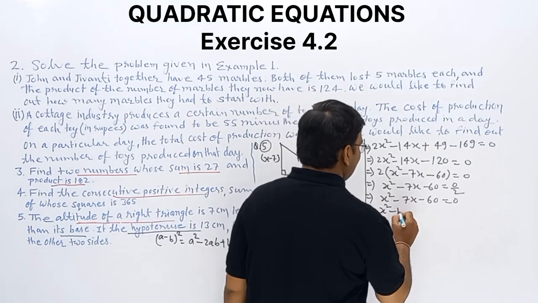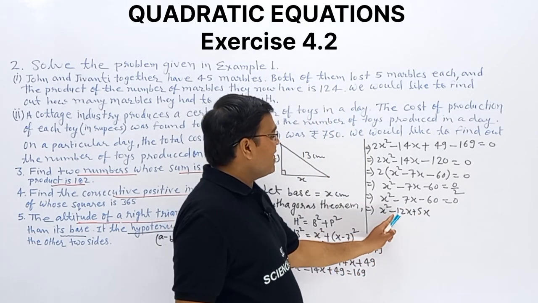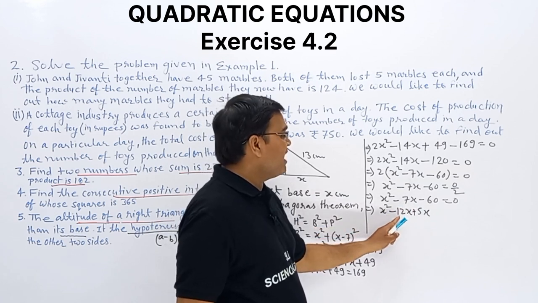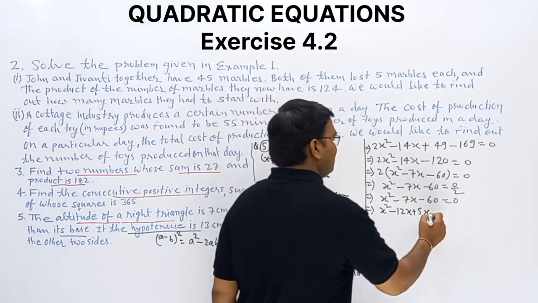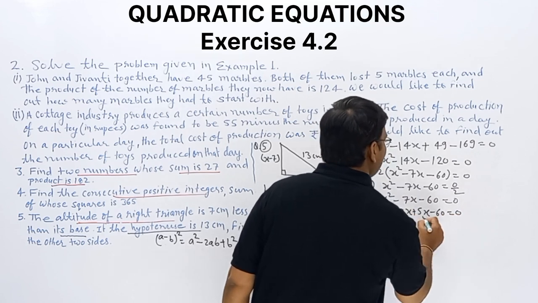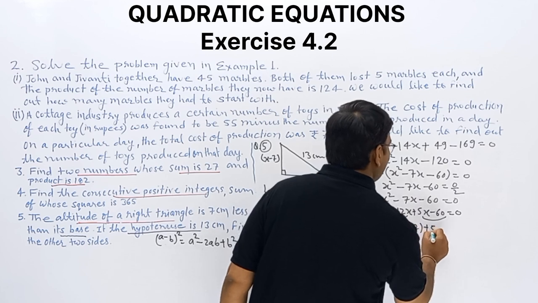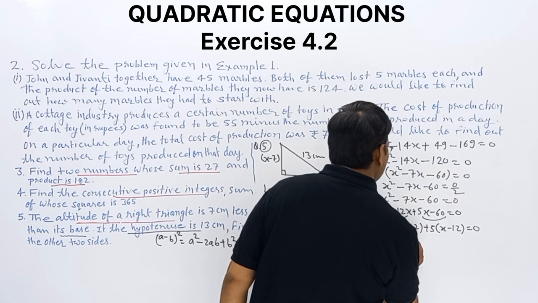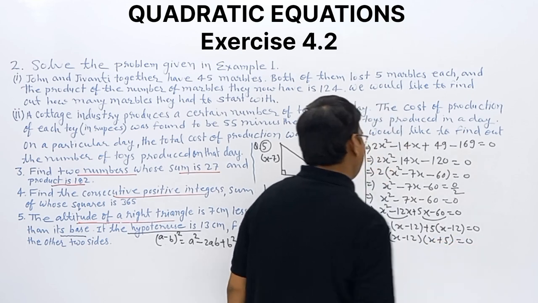Yes, we are getting plus 5x minus 12x, which is minus 7x, and the product of both will be minus 12 into 5, minus 60x square. Clear? Minus 60 equal to 0. Take x common in both: x minus 12 and plus 5 is common, x minus 12. What is the remaining? (x minus 12) into (x plus 5) equal to 0.